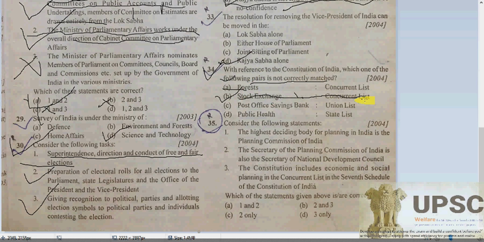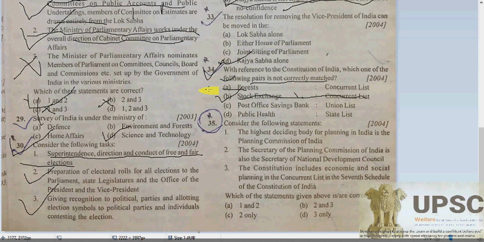Remember that. And as we know, forest is entry 17A, post office savings bank is entry 39, and public health is entry 6. So these all are correct matches.